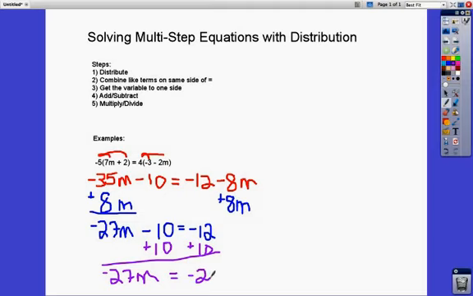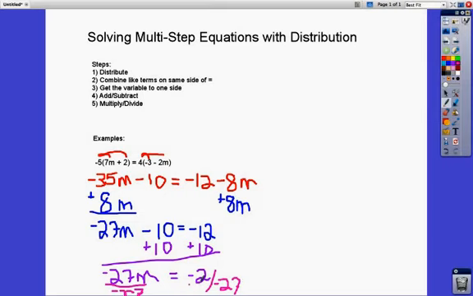Okay, and our last step is either to multiply or divide. So in this problem, we have negative 27 times m. So the opposite would be to divide. So we have to divide both sides by negative 27. And it looks horrible, but that's a negative 27 on both sides. Okay, but 27 can't go into 2.